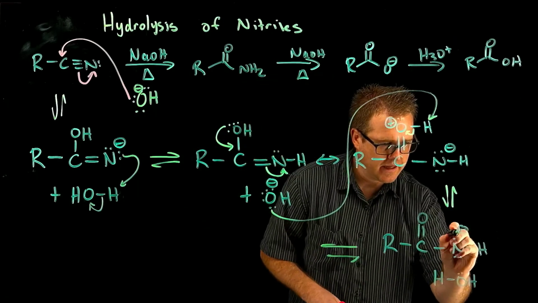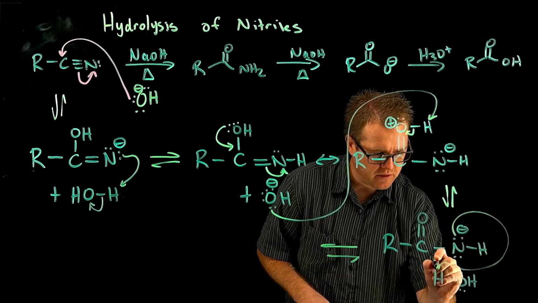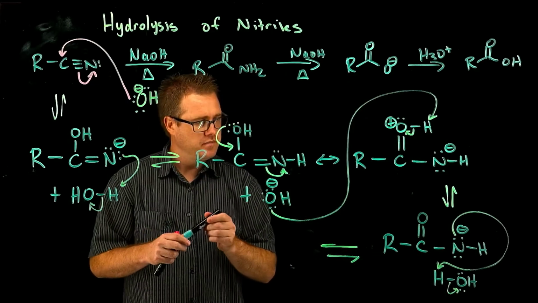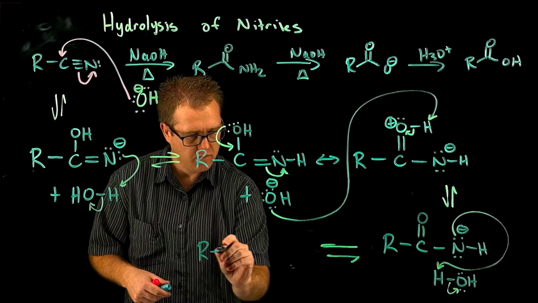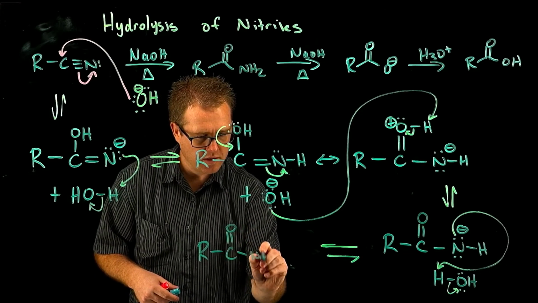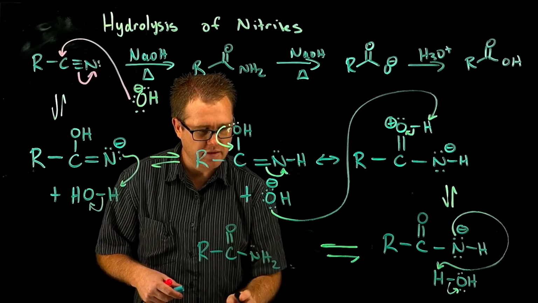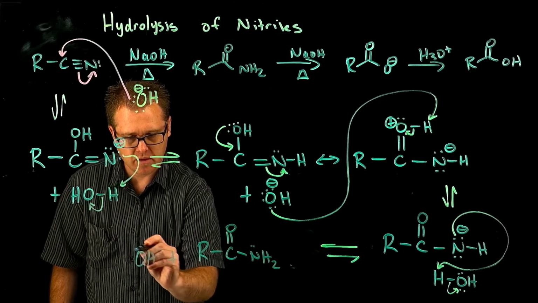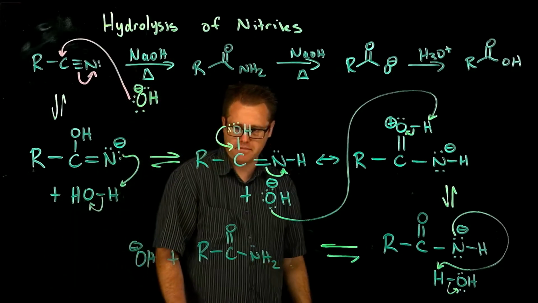So we could see this negatively charged species come in and do a proton transfer to form our nitrile. Not nitrile, sorry, our amide, plus the base that we just generated.